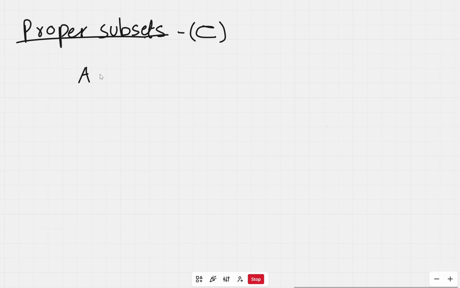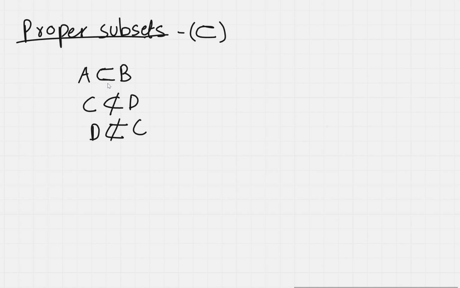Right here A had the same values, so we'll not take the values again because we know that A is a subset of B, but we can also say that A is a proper subset of B because it is not equal to B. But in the case of C and D, C is not a proper subset of D, and the same goes for D, it's not a proper subset of C, because they have the same elements, hence they are equal. So these were proper subsets. Basically, proper subsets are subsets without the same elements.